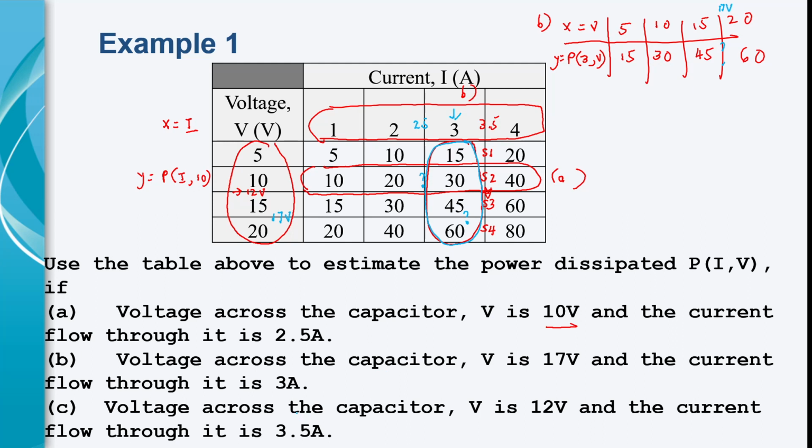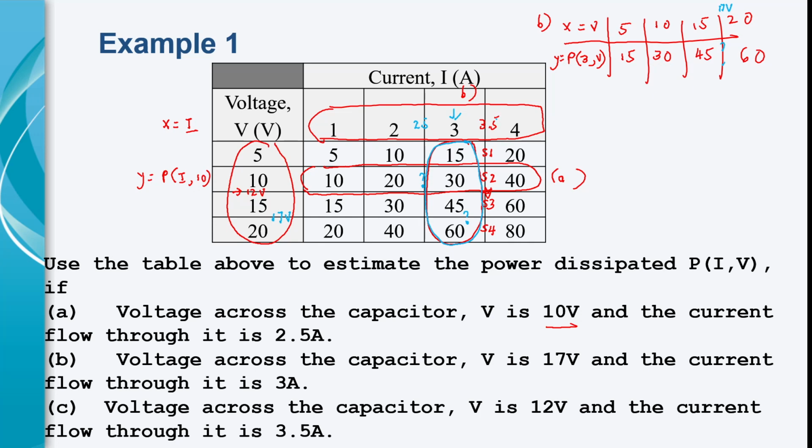Question C: the voltage V is 12 volts, not in the list directly, and the current is 3.5. For question C, both current I and voltage V cannot be read directly from the table.